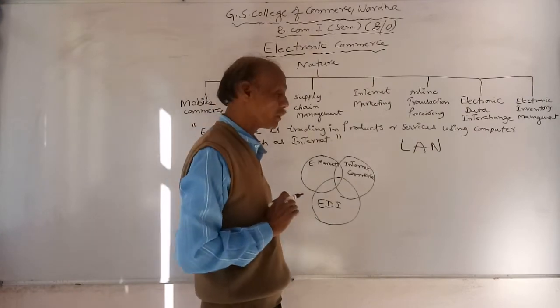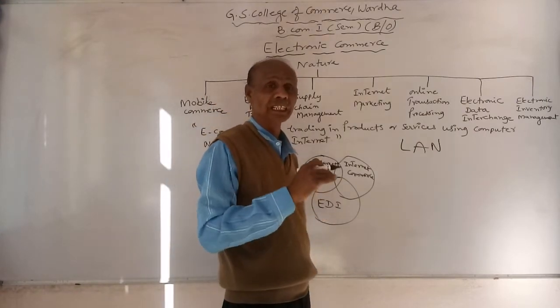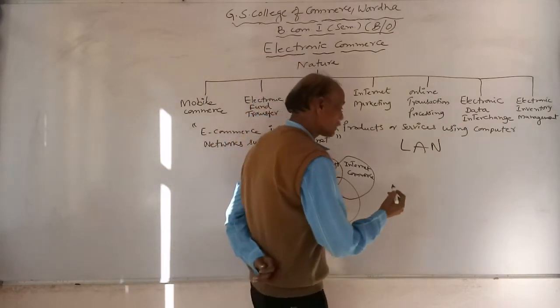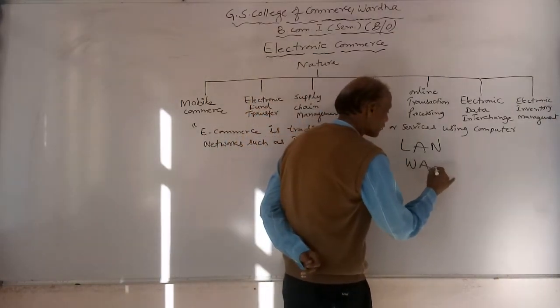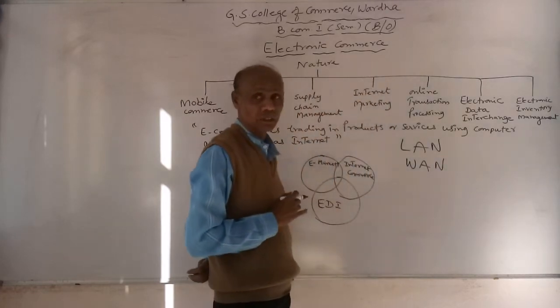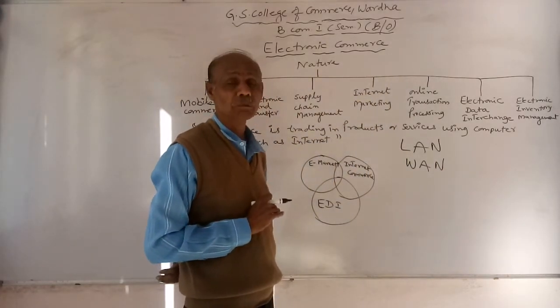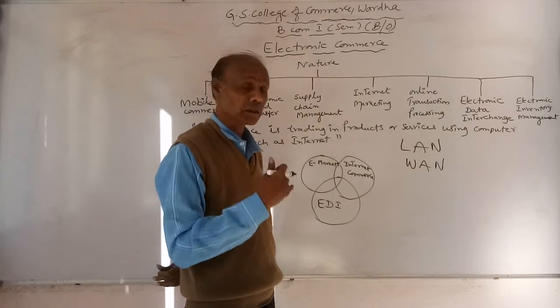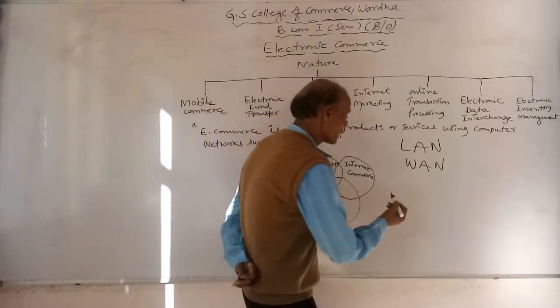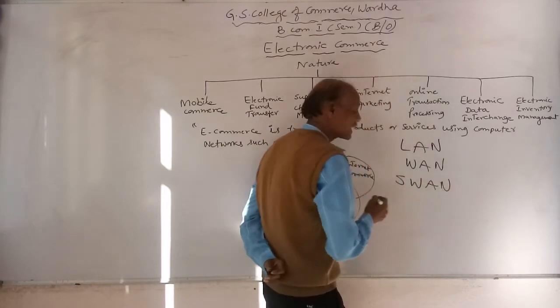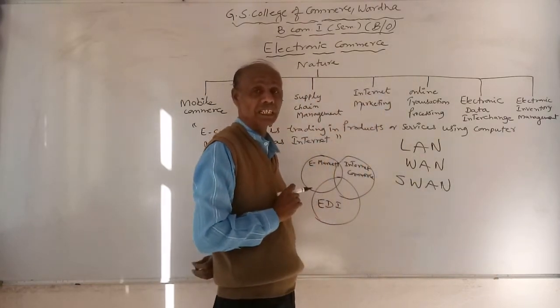When one local area network is annexed to several other local area networks, it comes under WAN, wide area network. And when more wide area networks are connected to other wide area networks, it comes under SWAN, state wide area network or regional wide area network.